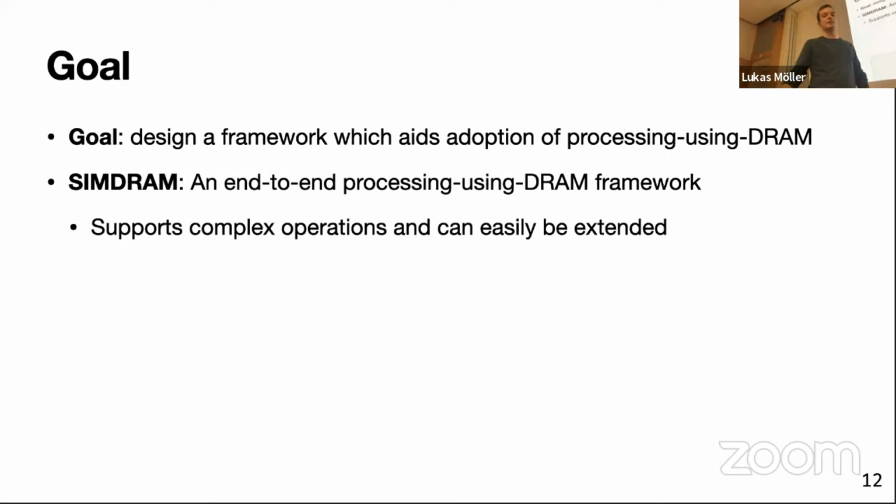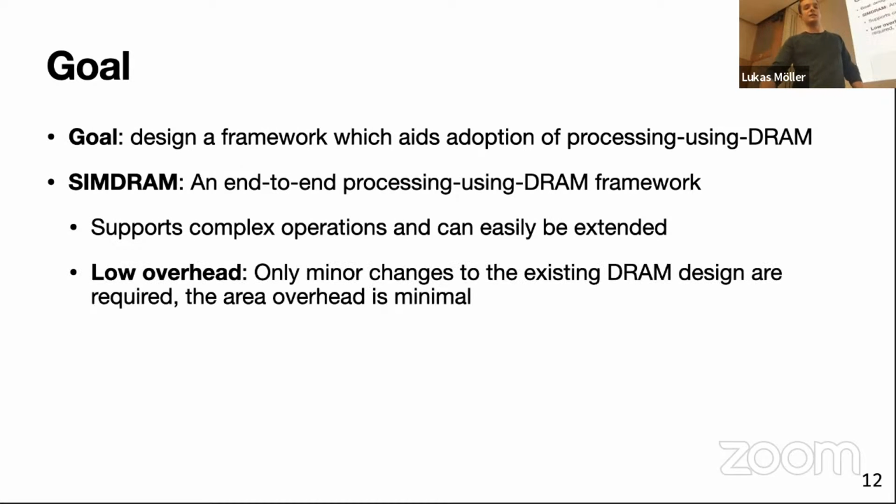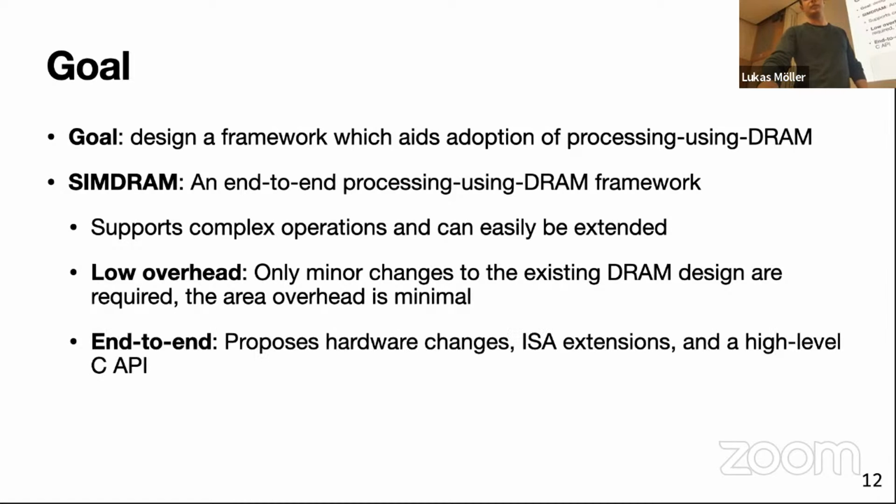It supports complex operations which can easily be extended if new operations are needed, and it's low overhead. And only minor changes to the DRAM layout are needed, exactly those which are already described by Ambit and RowClone. And as I said, it proposes hardware design changes, but also an ISA extension and a high-level C API, which can be used to program with SIMDRAM.